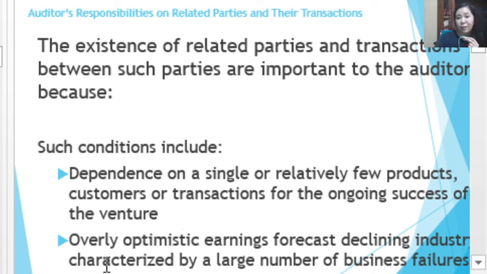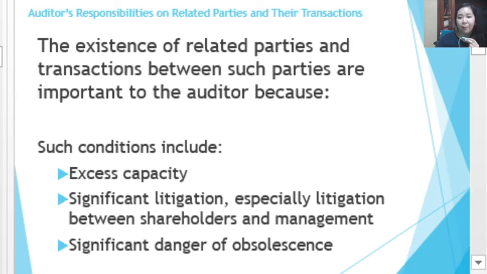Another reason is overly optimistic earnings forecasts, or a declining industry characterized by a large number of business failures. So again, to save the entity from losing. Another is excess capacity, which means a loss or expense on the part of the entity.